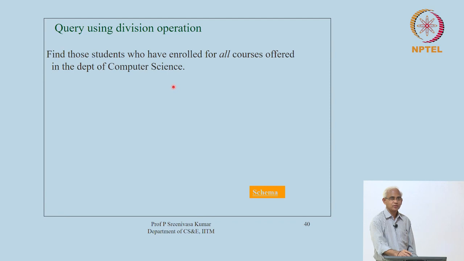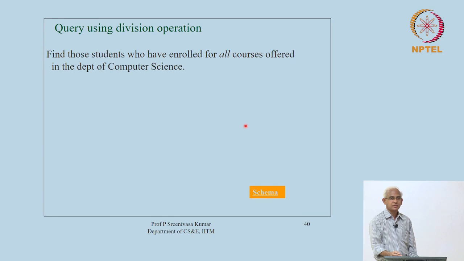So what is it that we are looking for here? This is an apt situation for applying the division operator, because we are looking at the enrollment data, and we are asking who are those students who combine with every course that is there in the set of courses offered by the computer science department.